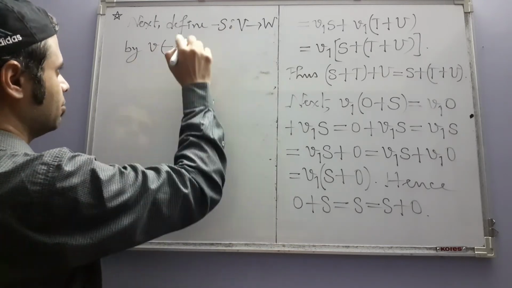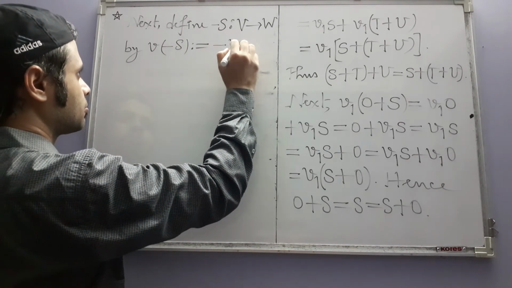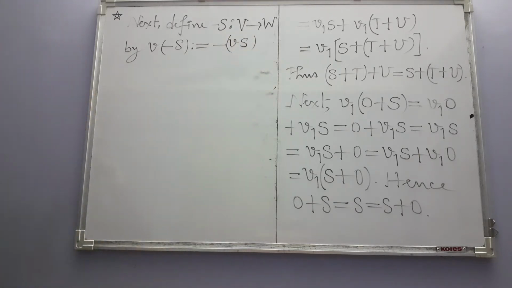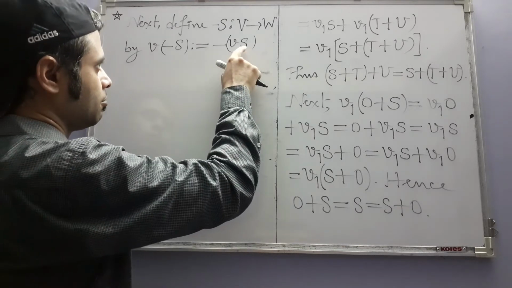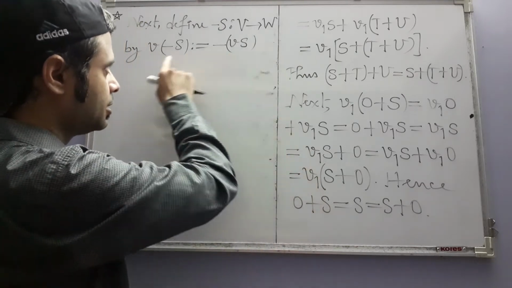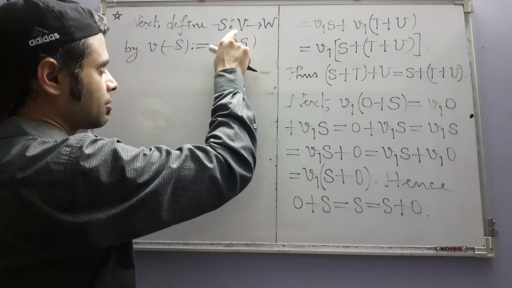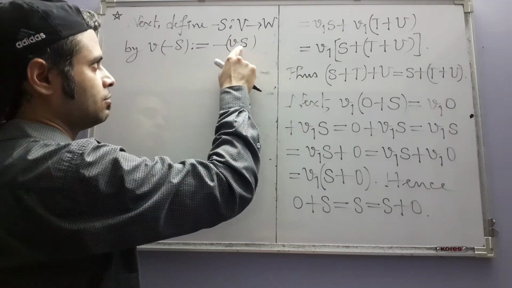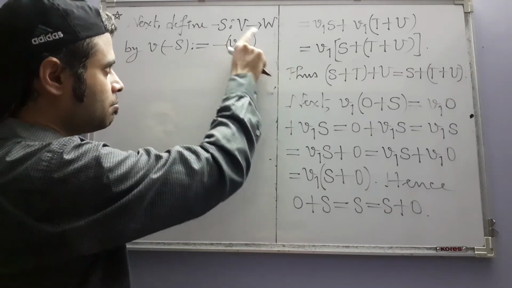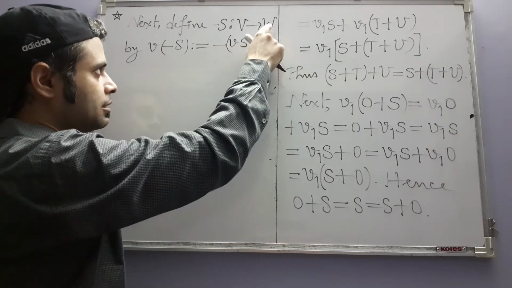We need not use V1 here. This is the inverse of the vector VS. Note that once you apply your S, and we are in fact using the function S here in this definition, you just notice that thing, because here we are considering the image of the vector V under the function S, and then we are not simply considering the image but rather its negative, its additive inverse in the space W.